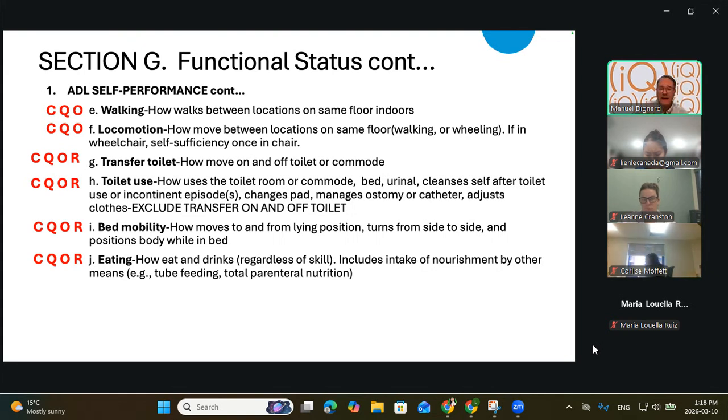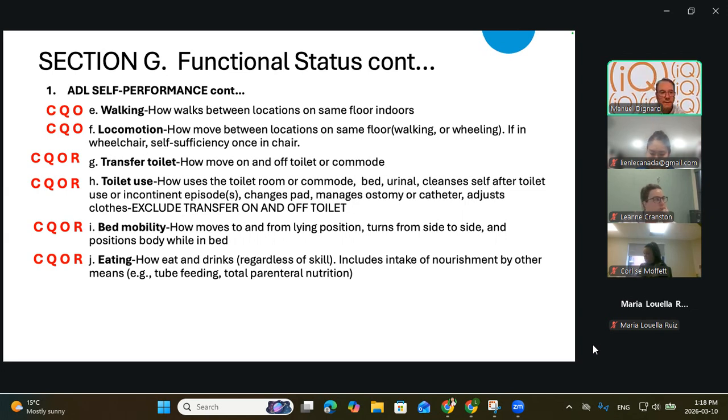And then the next one, F, locomotion. So this includes any form of movement between locations on the same floor. So whether they're walking or they are in a wheelchair, if the resident uses a wheelchair, then we're only interested in how independent they are once they are in the chair. Okay, it is different from transfer skills.